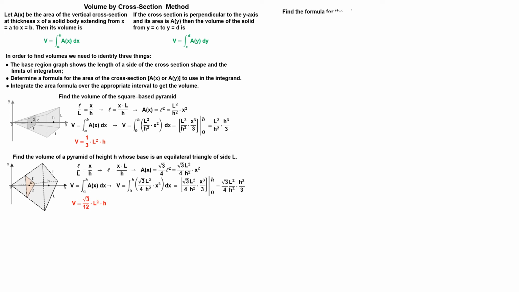Find the formula for the volume of a right circular cone of height h whose base is a circle of radius r. To find the volume of the cone, we place the origin at the vertex of the cone and the x-axis along its central axis.